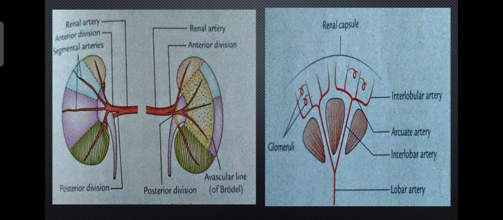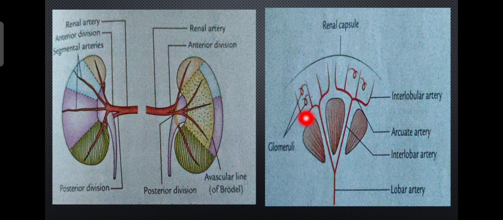Okay, then see, in the segmental branches there are some lobes of the kidney. Lobes are nothing but they consist of the renal pyramids. Okay, so when they reach the lobes, they are called the lobar artery. Then the lobar artery divides into the interlobar artery, that passes between the two lobes, hence they are called the interlobar artery, which goes and splits into the arcuate arteries.